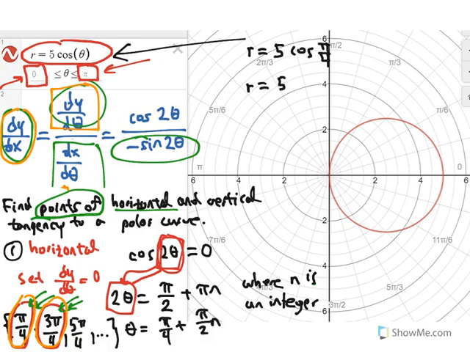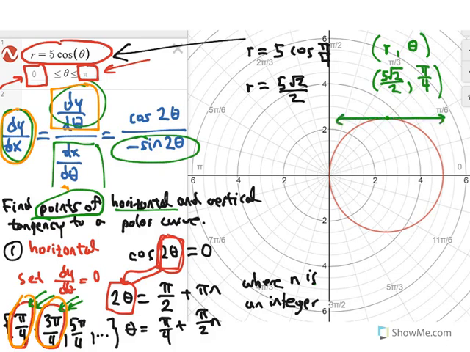We know cosine of π/4 is square root of 2 over 2. So one point of horizontal tangency would be right here, and the angle would be π/4. The coordinates of the point in polar coordinates are: the angle of rotation is π/4 radians, and r would be 5√2/2. And at this point, we have a horizontal tangent line to our polar curve.